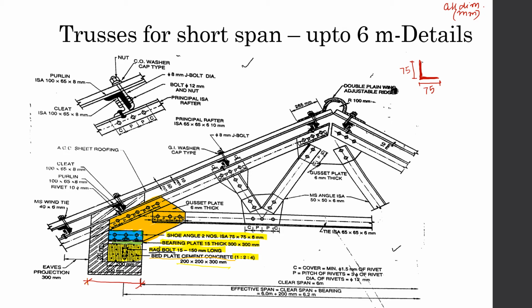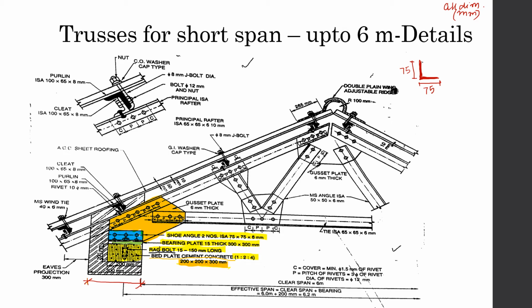Since the wall is 300 mm by 300 mm and the bed plate is 200 mm by 200 mm by 300 mm, as you can see here, the bed plate has to cover the whole concrete block, and the cleat will be on both sides of the gusset plate, which I have just highlighted with this orange or deep yellow color.